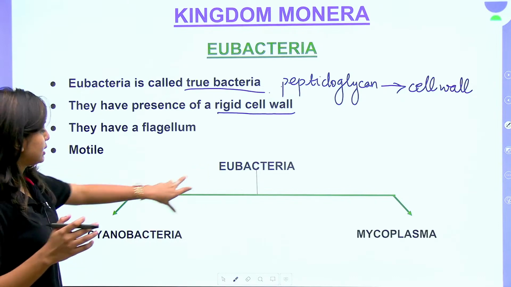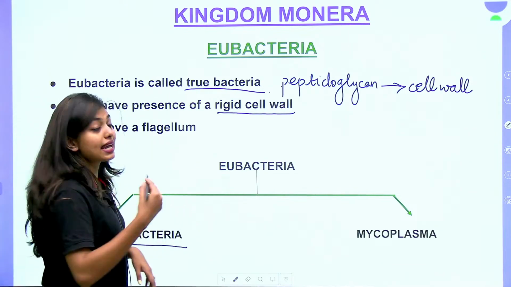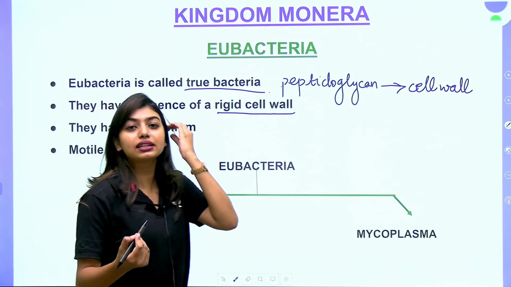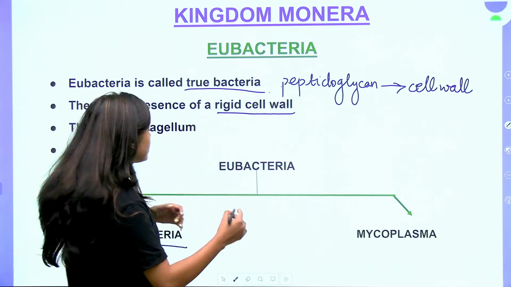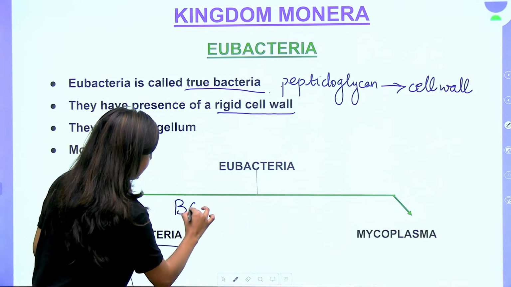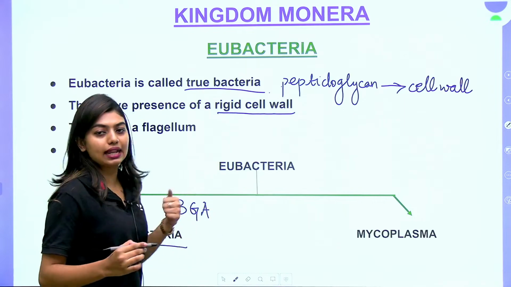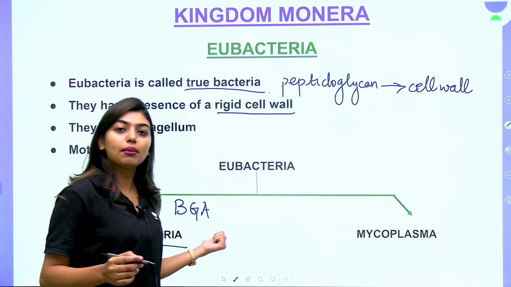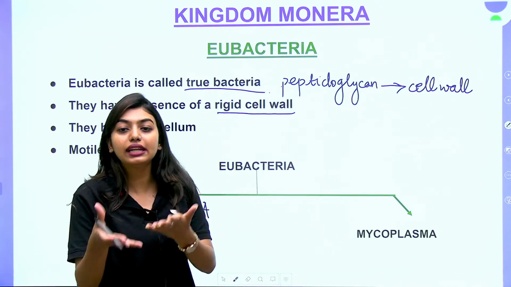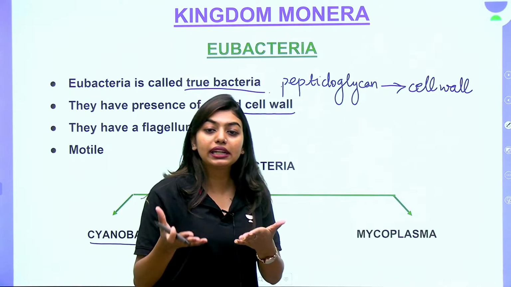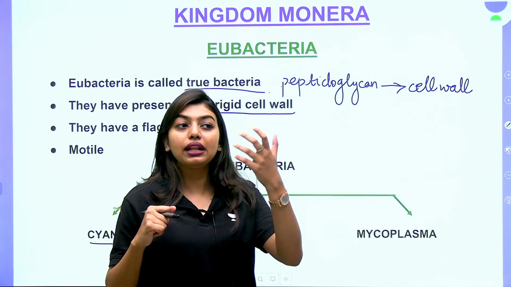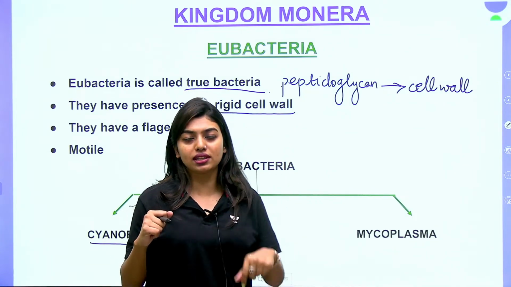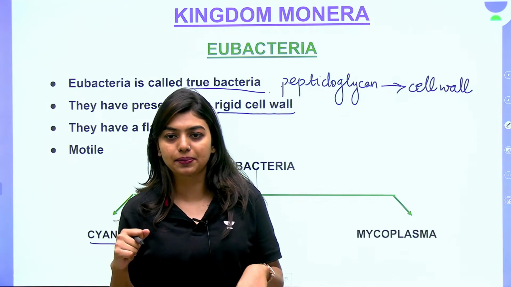So, Eubacteria is divided into cyanobacteria and Mycoplasma. What is cyanobacteria's other name? BGA. What is it? Blue-green algae. Blue-green algae means it will do photosynthesis, right?